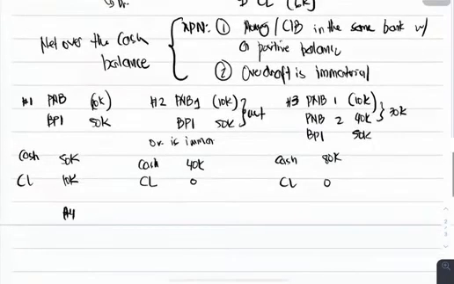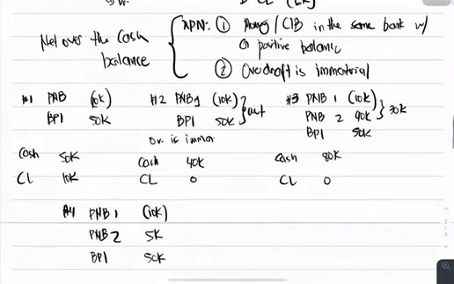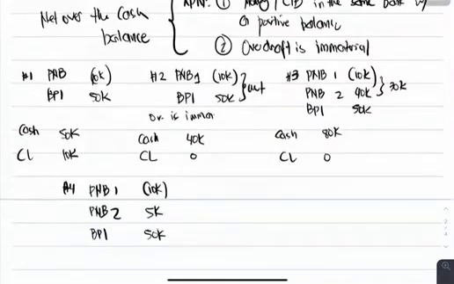How about if it is in this way? Number 4, we have here PNB 1 and PNB 2. PNB 1 has negative 10,000, PNB 2 has 5,000, and BPI has 50,000. Okay, how much is the cash? How much is the current liability? So first question, is there a money or a cash in bank in the same bank with a positive balance? Our answer is yes.